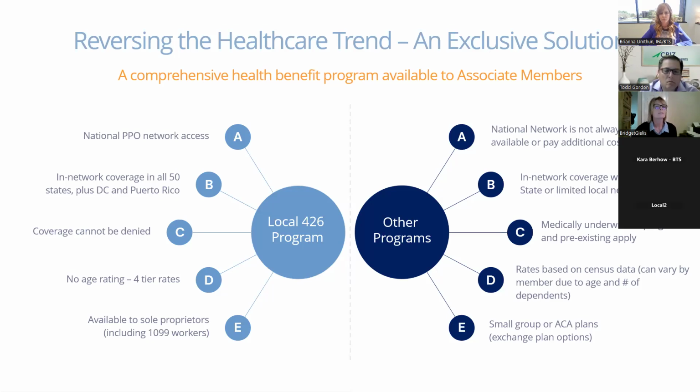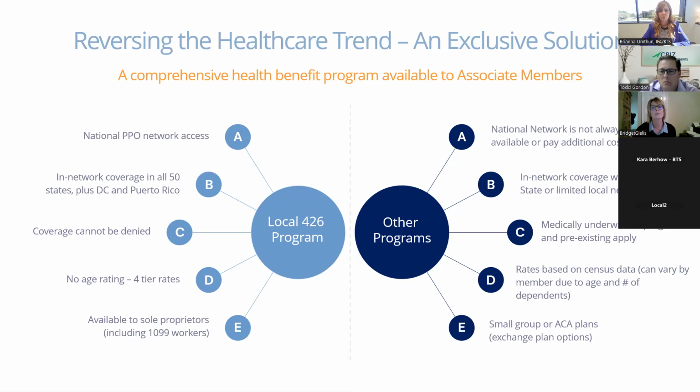The in-network coverage is in all 50 states plus DC and Puerto Rico. And with other programs, your in-network coverage normally is within your state or even a limited or local network. Big thing here is coverage cannot be denied. So if you are an active member of your association, if you are actively at work, the program cannot deny coverage.